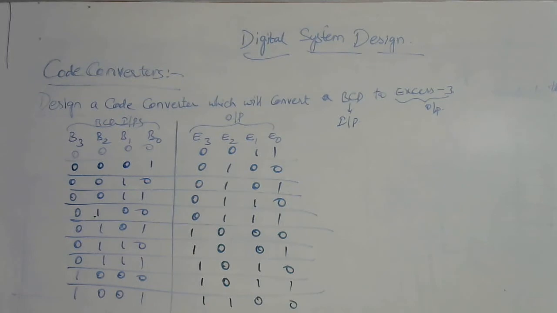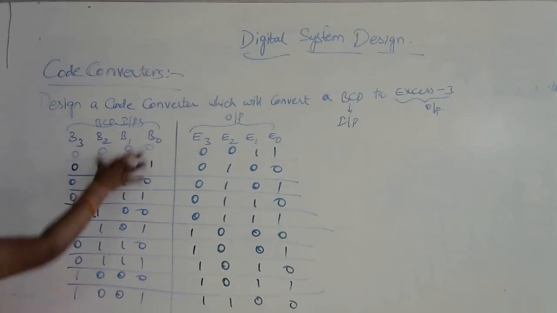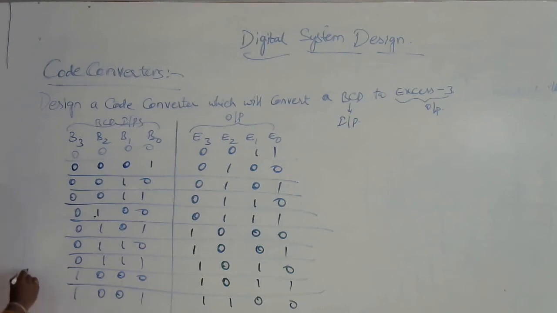At the input side, we have 4 combinations, which should be from 0 to 15, but we have only 0 to 9.